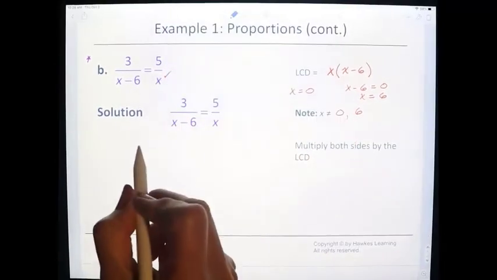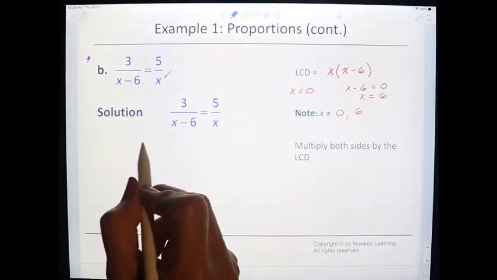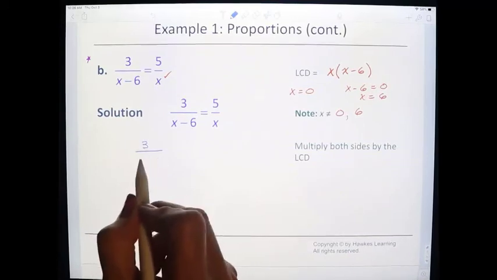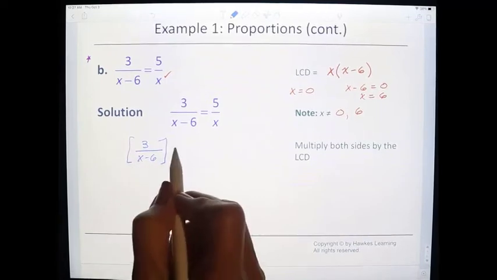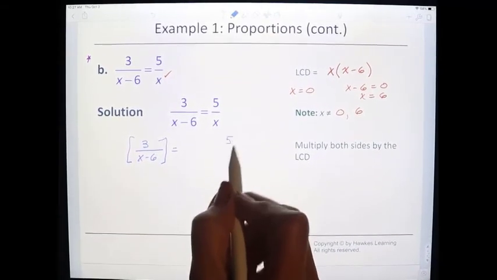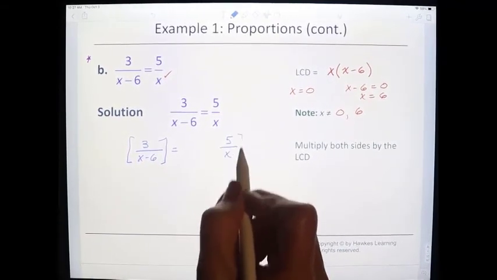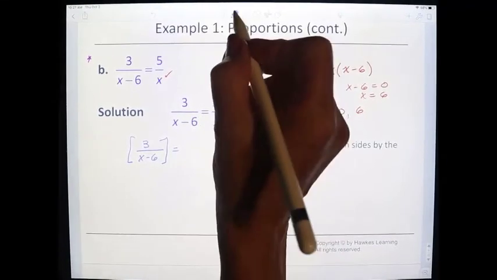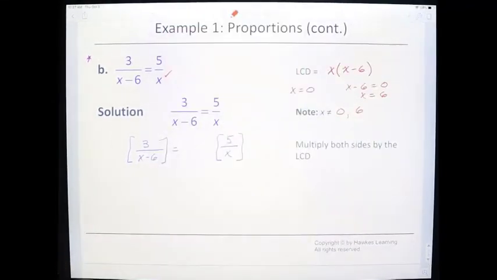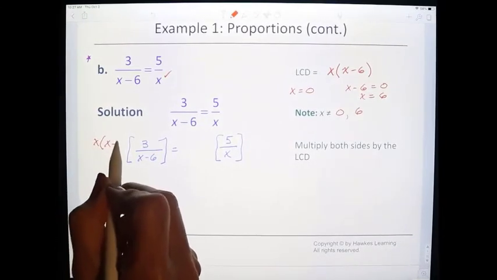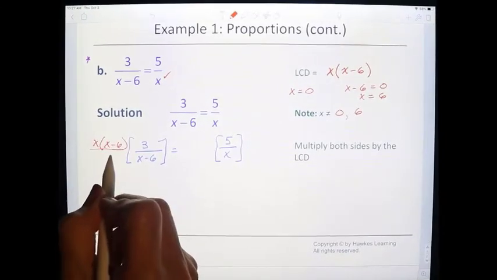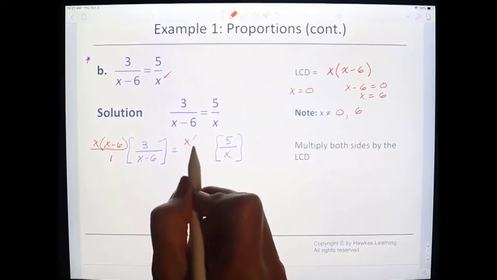All right, so what did I do with that LCD? I took the left side, put it in a bracket. I took the right side, put it in a bracket, and then came in and cleared the fractions by multiplying both sides, or each of those fractions, by the LCD.